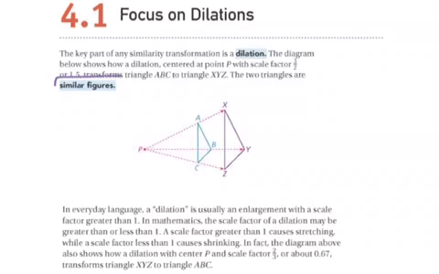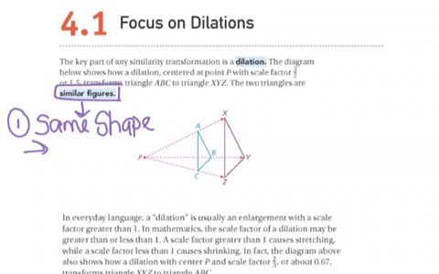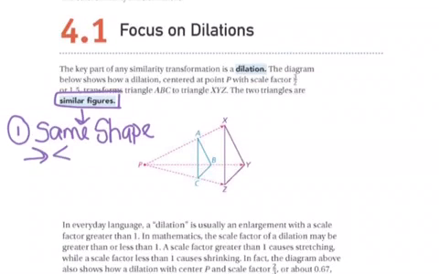Our dilation, because we changed the size, is not going to create congruent shapes like our other three transformations. It is going to create similar figures. If you think back to the beginning of last year, a similar figure is going to be the same shape, meaning our angles don't change.